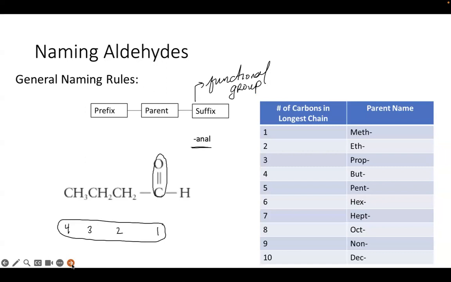So this is a 4-carbon chain. Because an aldehyde is present, it's going to have the ending "-anal". And because it's 4, it's going to have the prefix "but-". So yes, this one is butanal.